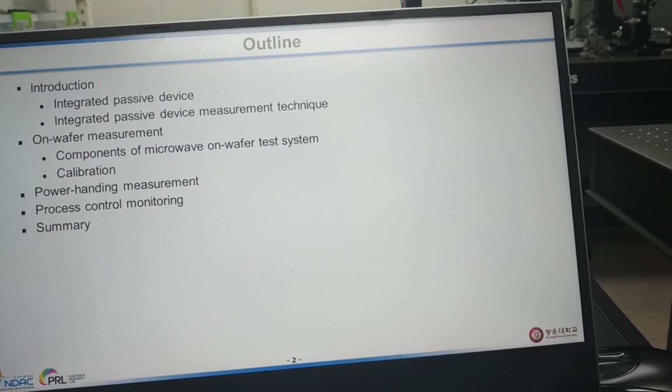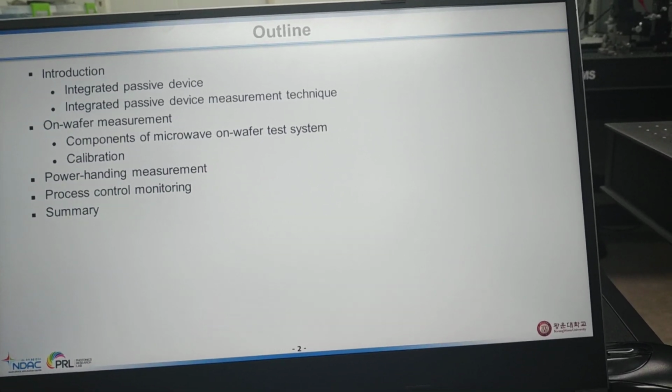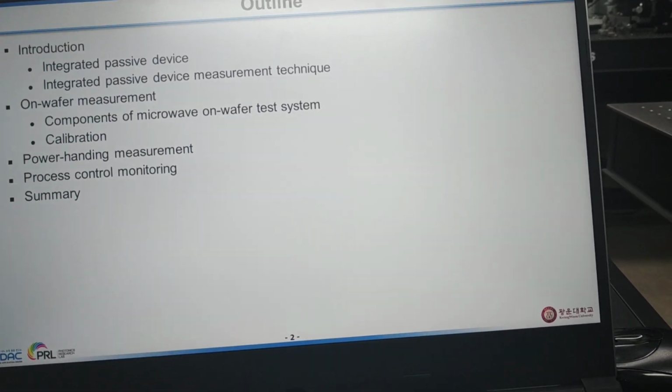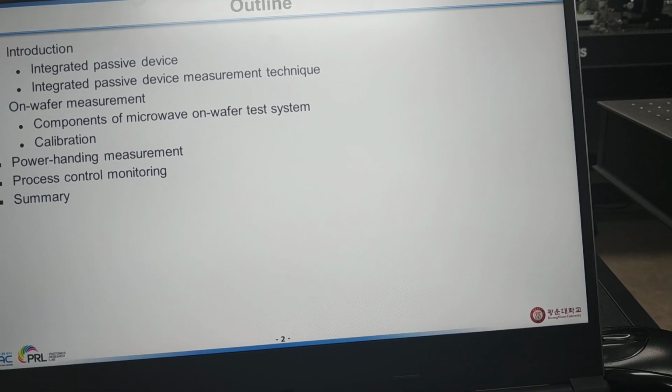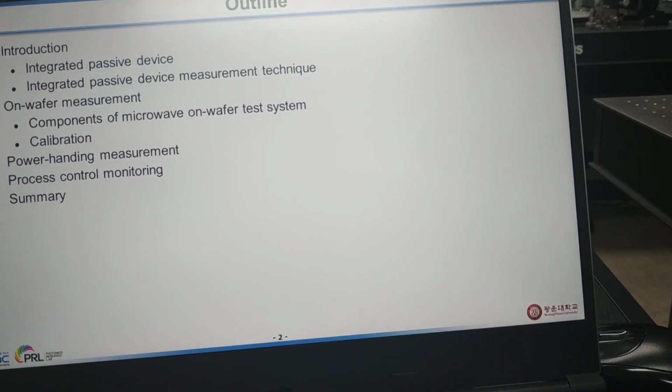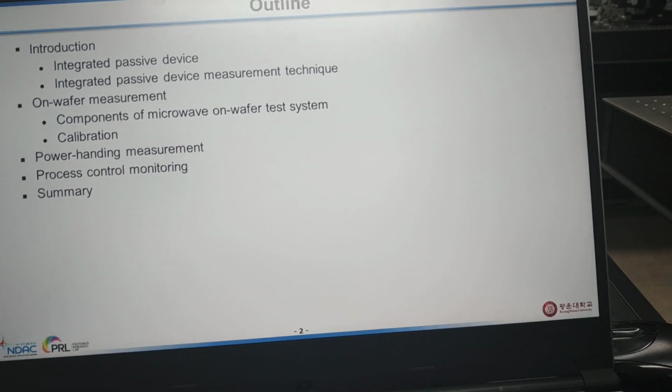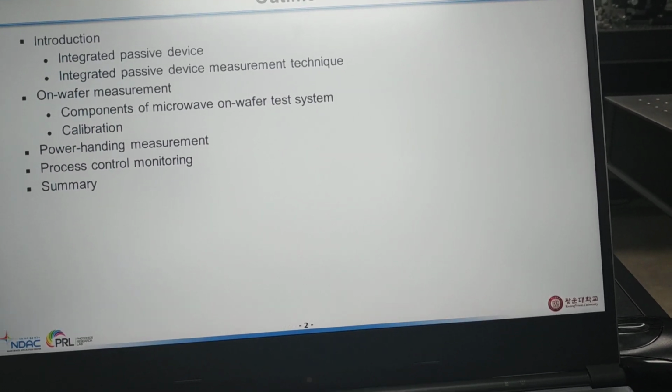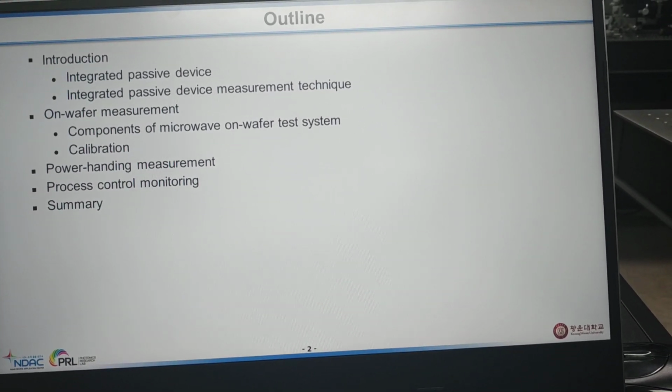Then we can have a little understanding about them. Next, the on-wafer measurement will be shown.